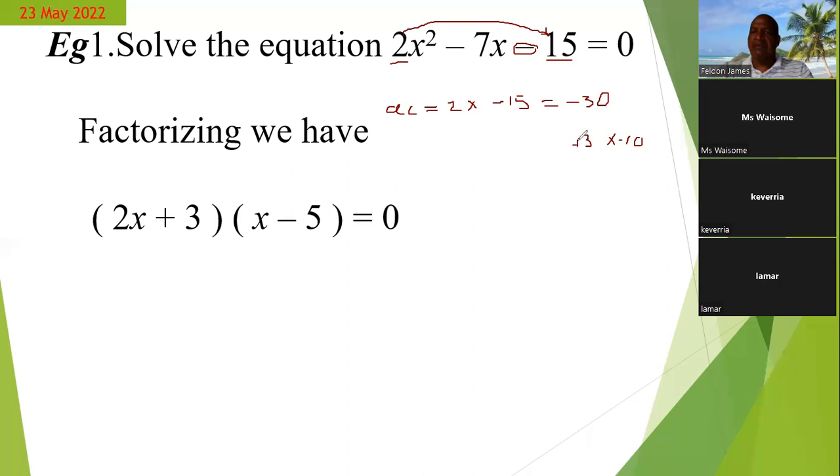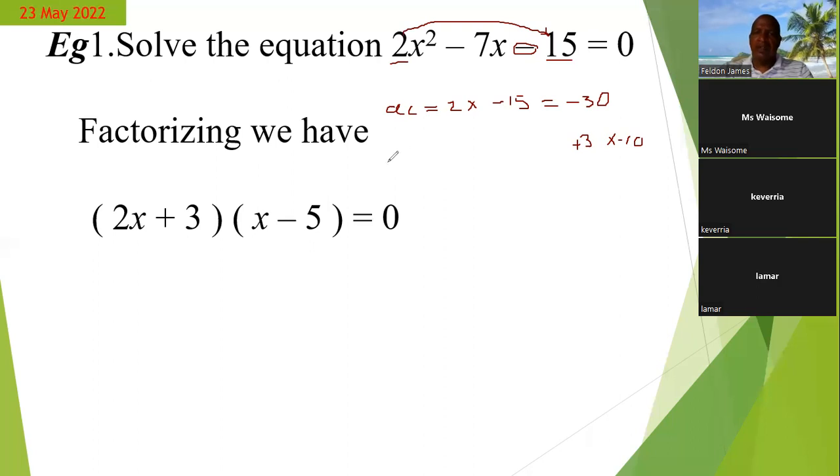So once you identify the correct signs, all we have to do now is to write these in the form of a sum. Instead of -7x, we're going to put plus 3x minus 10x. Take the -7x and replace it with plus 3x minus 10x.